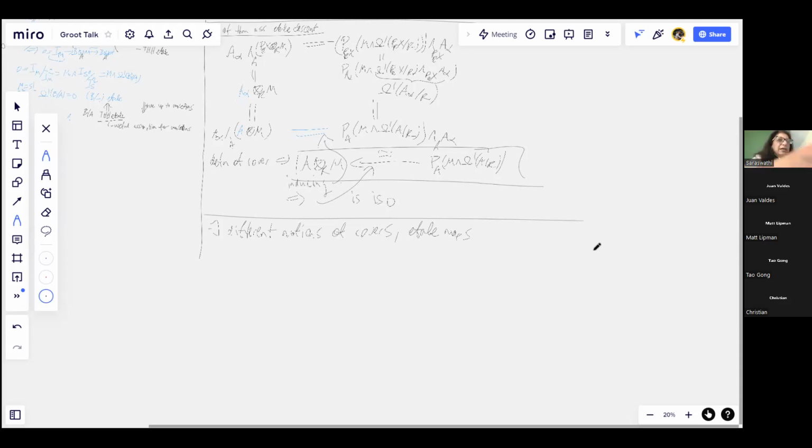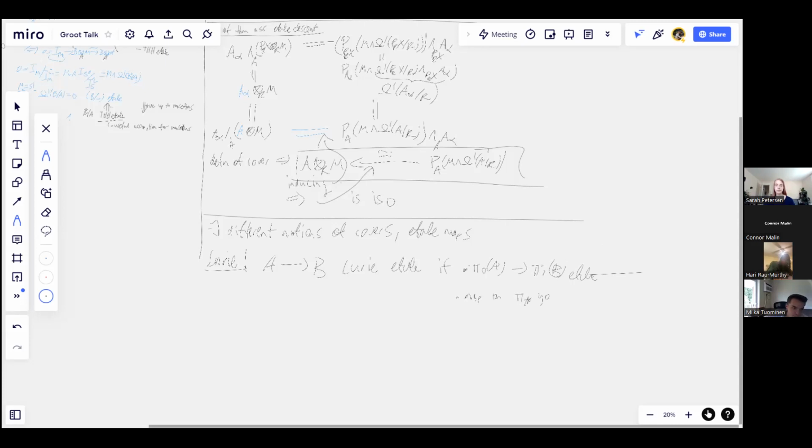So Lurie, for example, has a definition of étale. A to B is, I'll say, Lurie étale if pi naught of A to pi naught of B is étale, and the map on pi star is governed by pi naught.